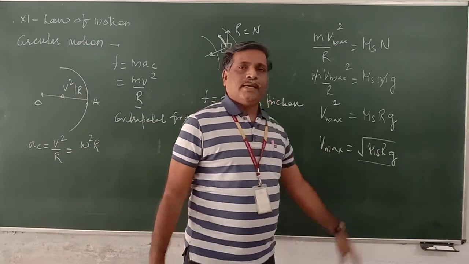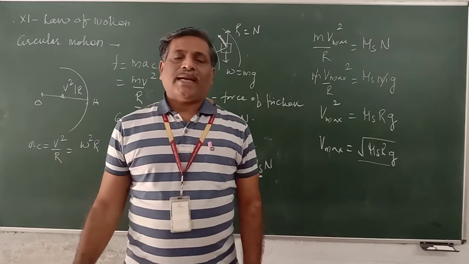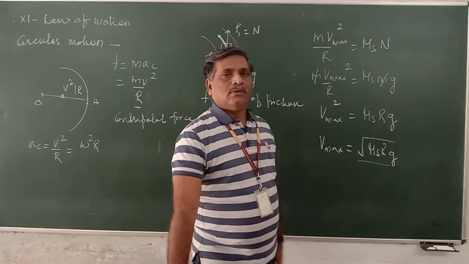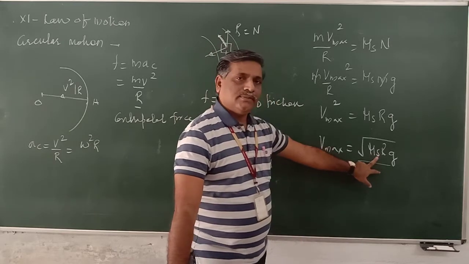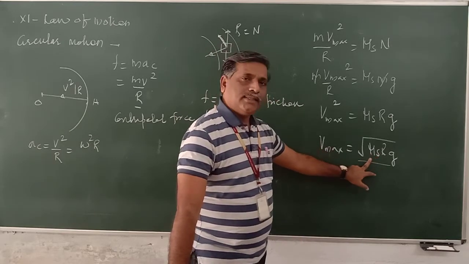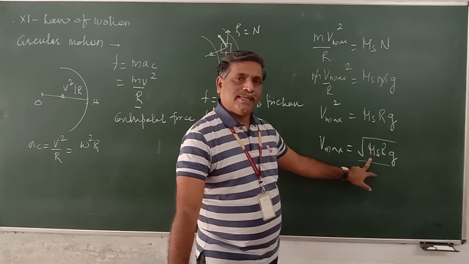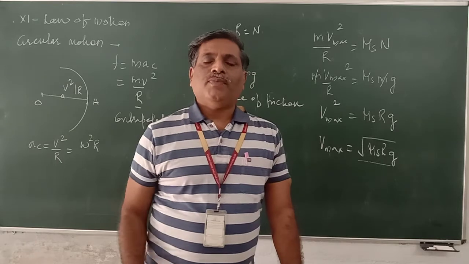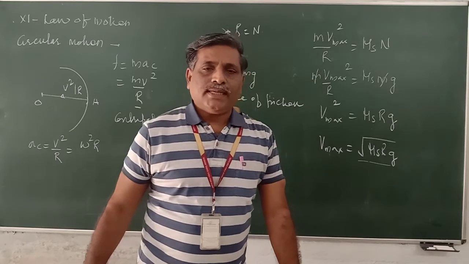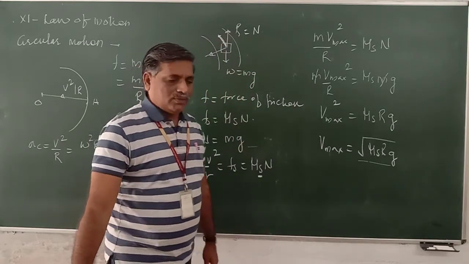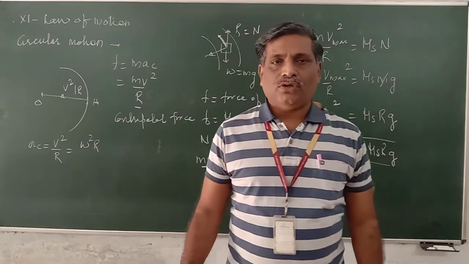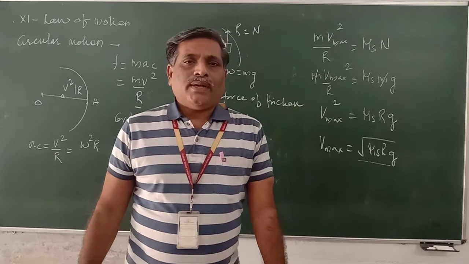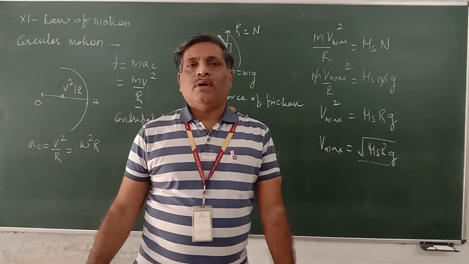We can increase the maximum speed for cutting across the curved road in two ways. One is by increasing the coefficient of static friction, and the second is by increasing the radius of the curve. In both cases, there are limitations. As soon as you try to increase the coefficient of static friction, one has to make the road more rough.